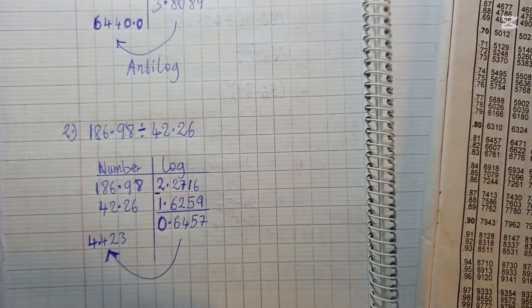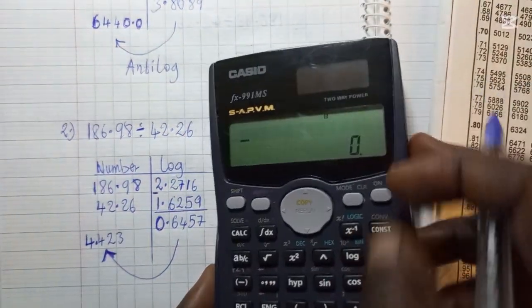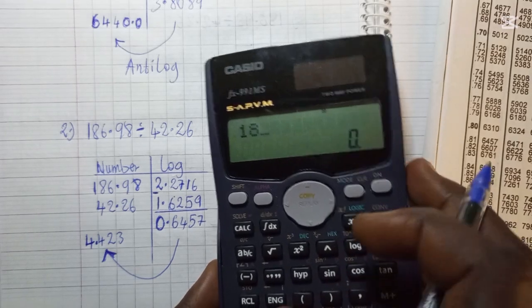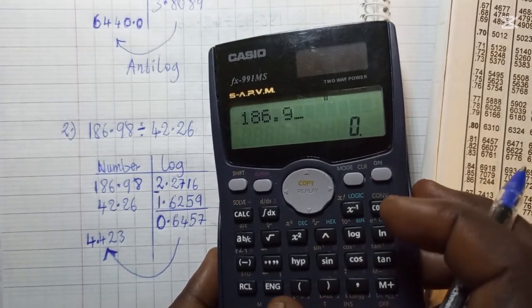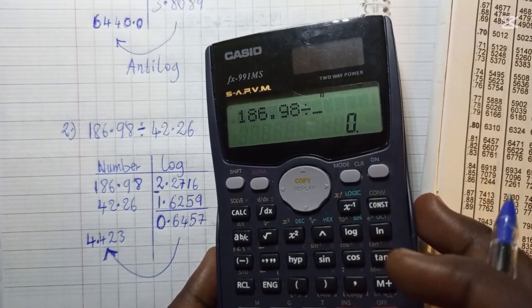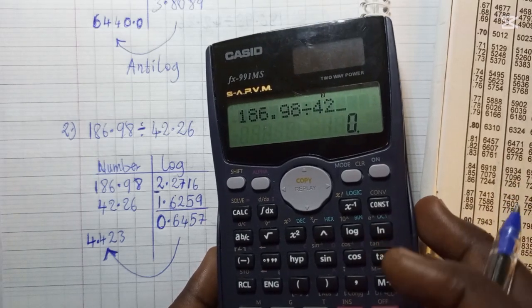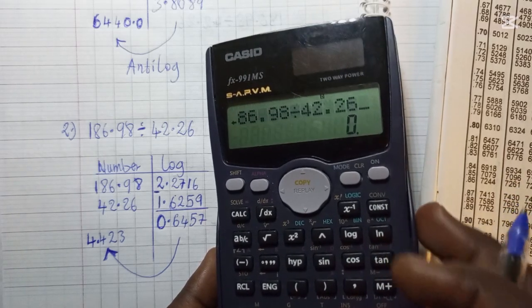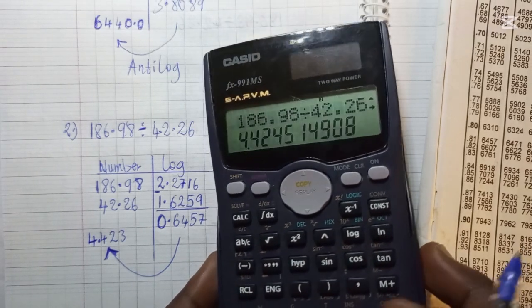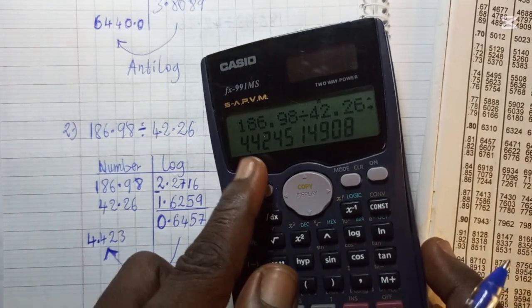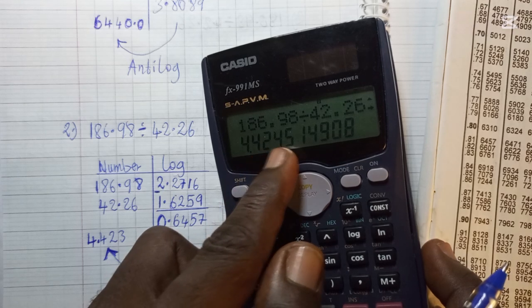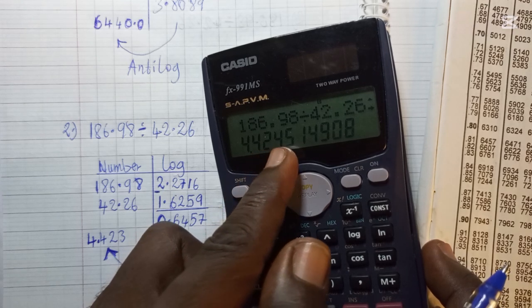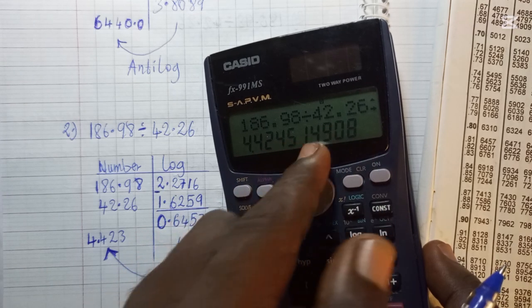Okay, let's try it. Use your calculator to do 186.98 divided by 42.26. This is what it gave me, 4.42 and so on and so forth.